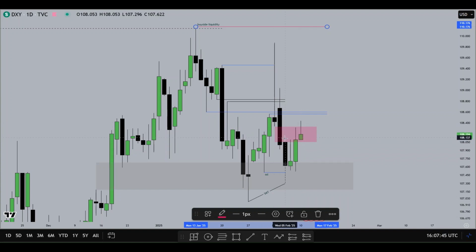That's all we are looking for. If you have a daily candle that closes above here, that can potentially be a signature to see the market accelerate higher and engage these equal highs.